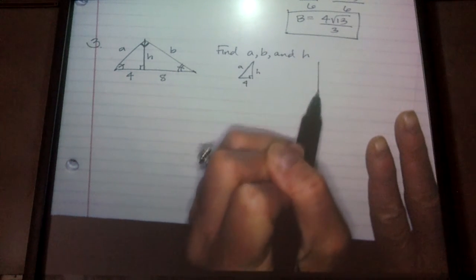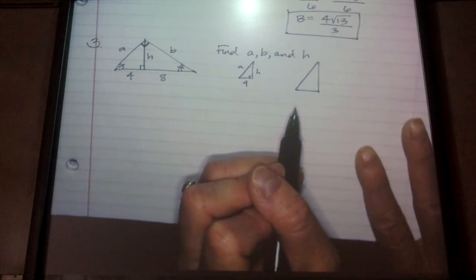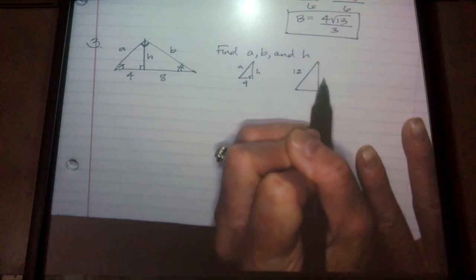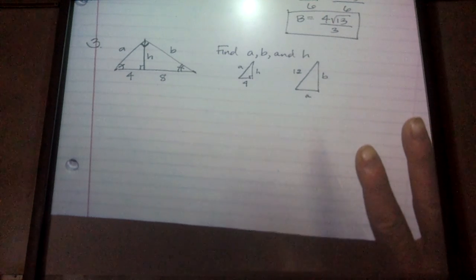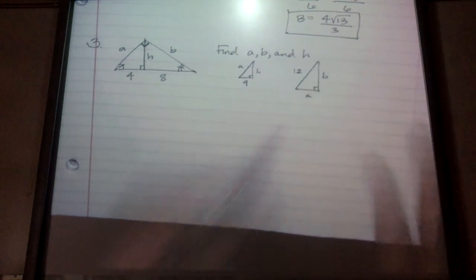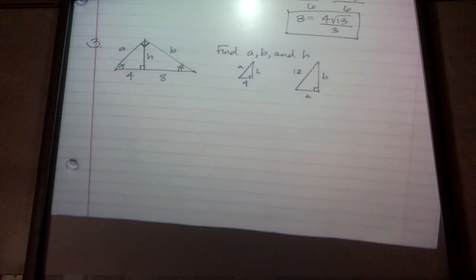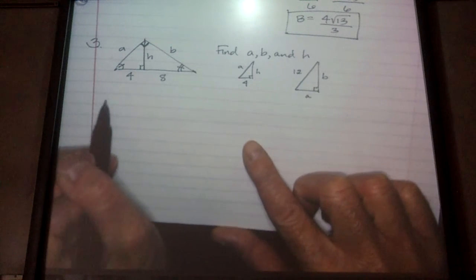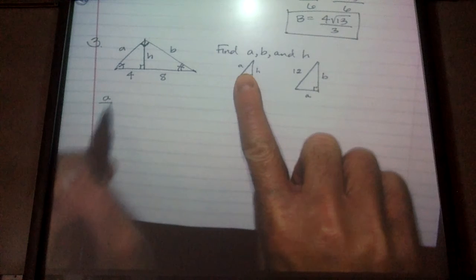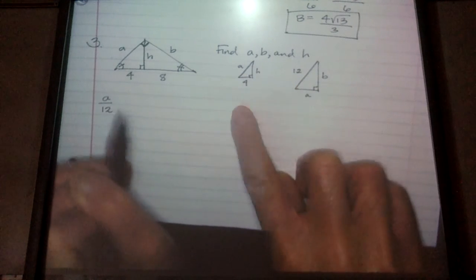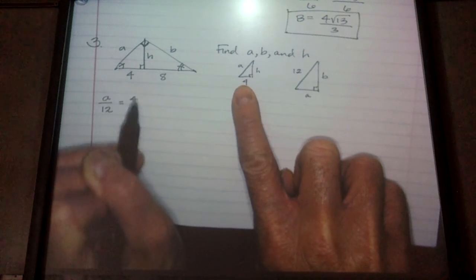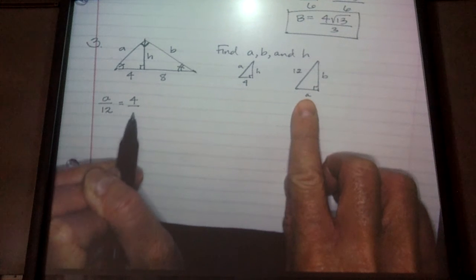You also have, that would be 12, B, and A. So if I set it up like that, it might be easier for you to see that A, this hypotenuse, is to this hypotenuse, as the short leg is to this leg.